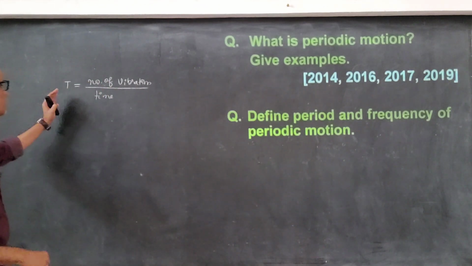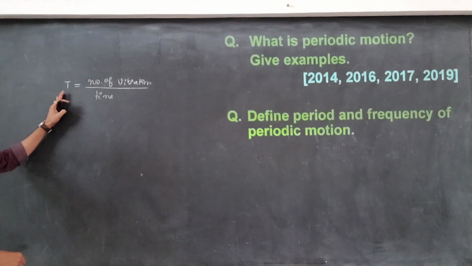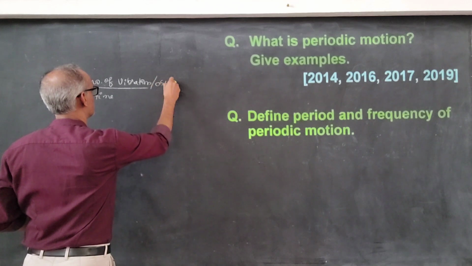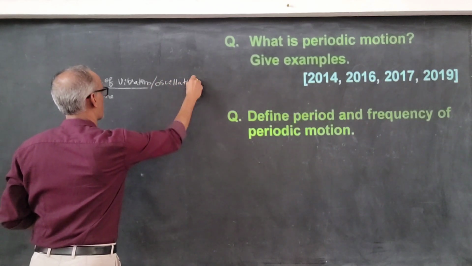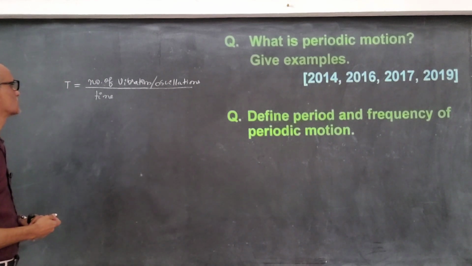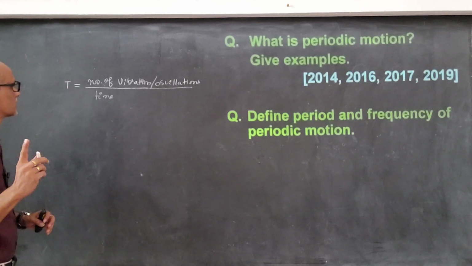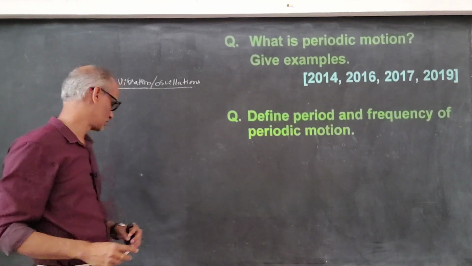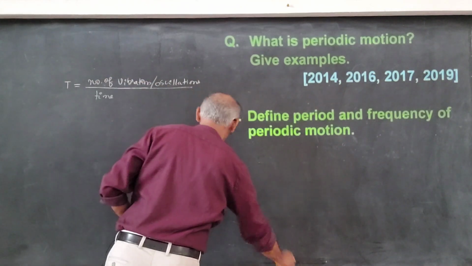So, how to calculate the time period of oscillation?